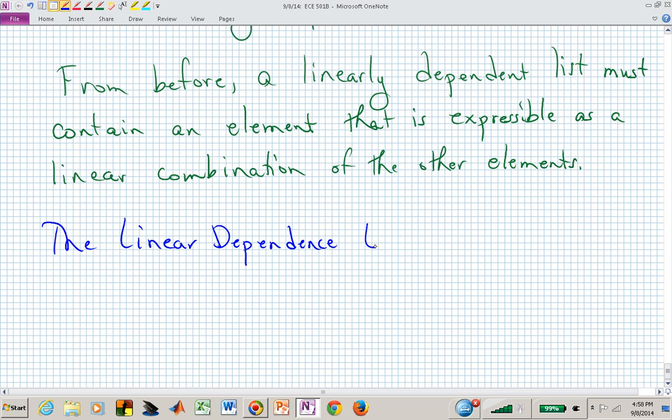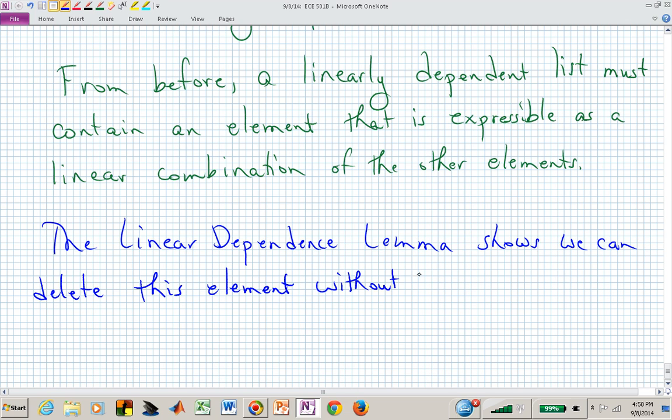The linear dependence lemma shows that we can delete this linearly dependent element without reducing the span of the list.